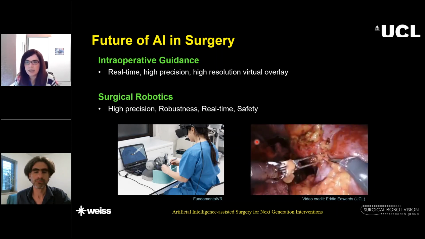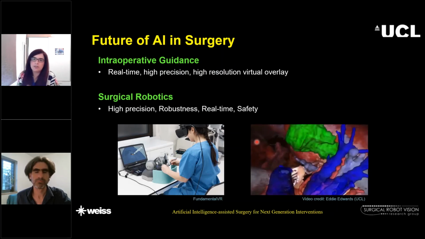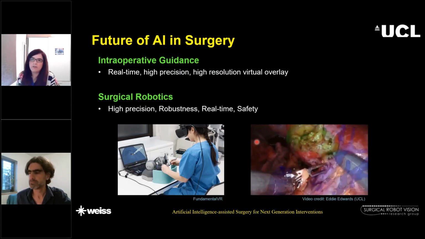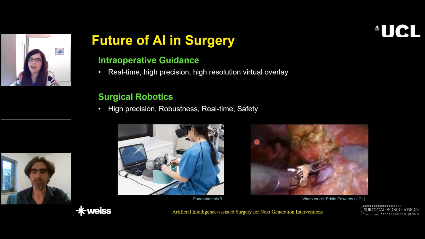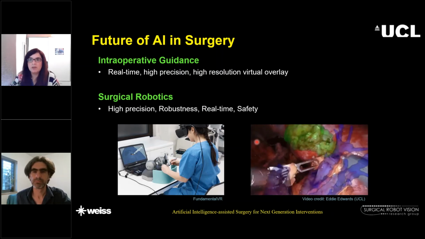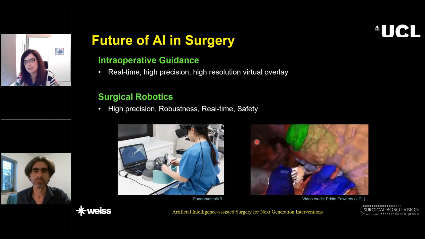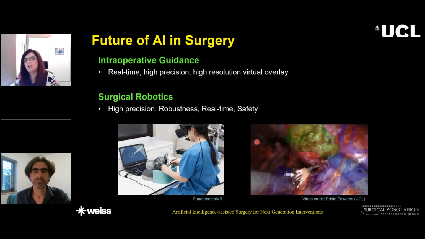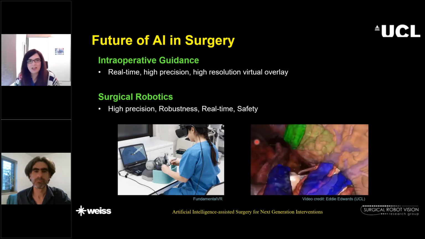None of them currently have any AI capabilities. With the kind of algorithms that we are working on, in future these can be integrated with these existing robotic systems as well, so that the task can be in some way semi-automated while keeping the control with the surgeon, but also providing support and guidance during the surgical procedure.